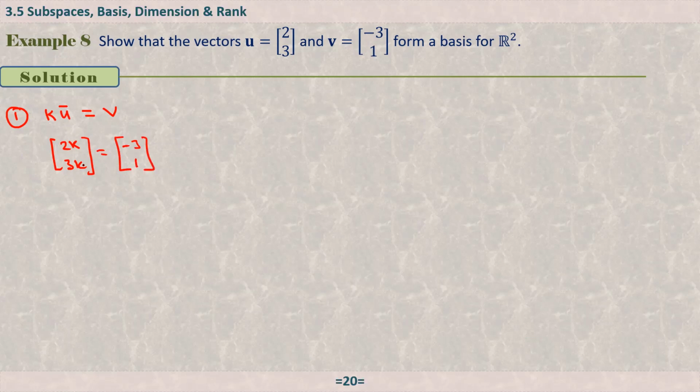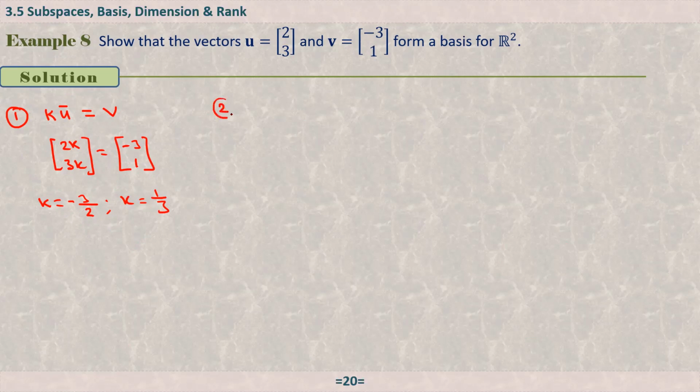Solving for k using the first components, k is -3 over 2, and using the second components, k is 1 over 3. At the same time, k cannot assume two different values, so such a number does not exist. That means u and v are linearly independent.